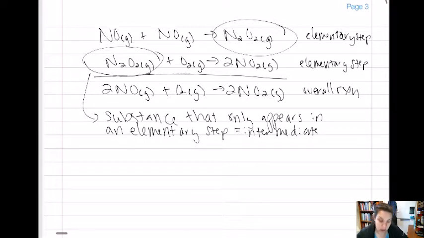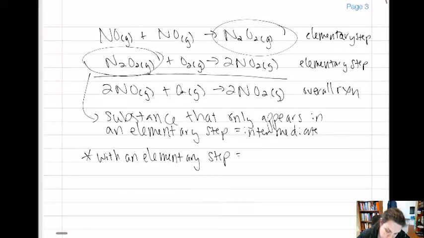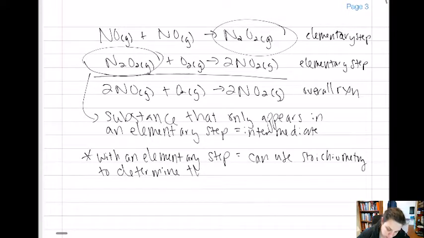So, with an elementary step, we can use stoichiometry to determine its rate. We do this using something called molecularity.